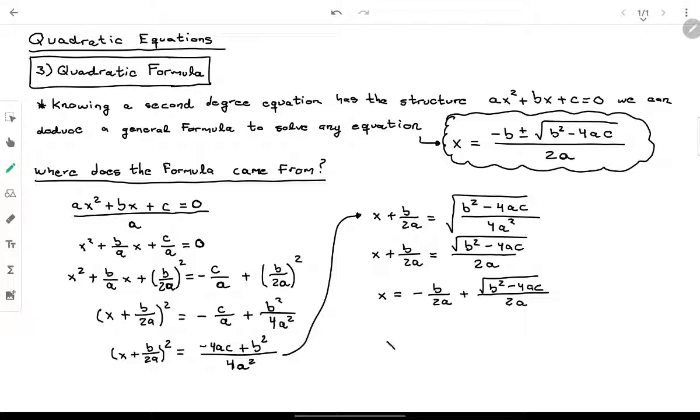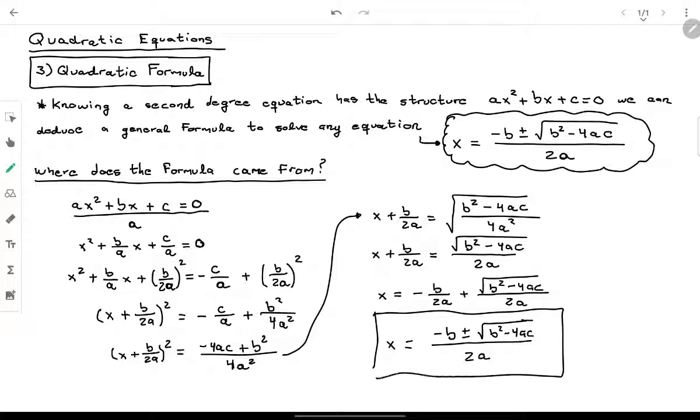We can put them on a single fraction, 2a, minus b. And just to remember, a square root has a positive and a negative answer. So they put here plus minus the square root of b squared minus 4ac, all of it divided by 2a.